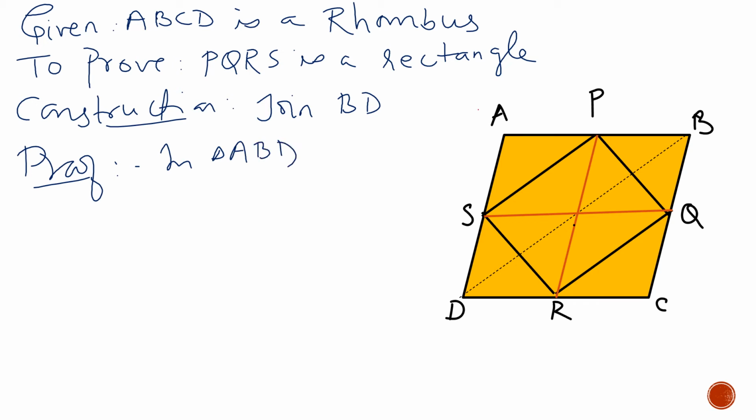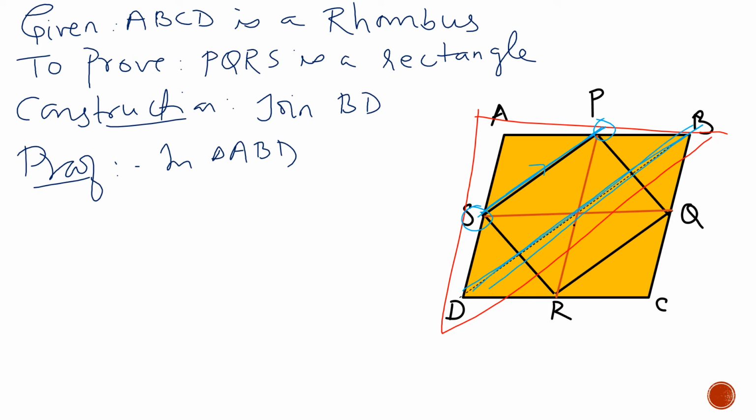You can see in triangle ABD, since S is a midpoint and P is a midpoint, we can apply the midpoint theorem. The line joining the midpoints of two sides of a triangle is always parallel to the base and half of it.